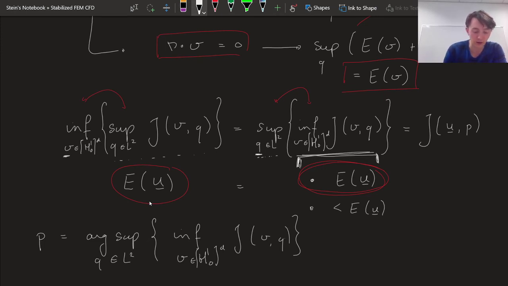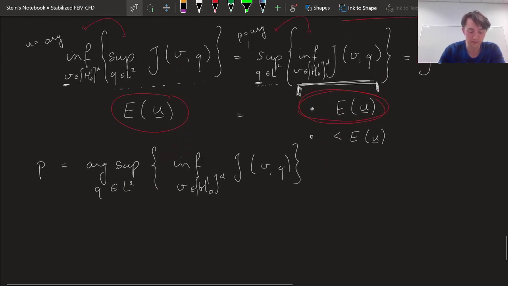I know that the argument of this one is going to be u, and the argument of this one, which I just defined, is going to be p. So I can choose the function u here, and the function p here, and then perform the interior expression.